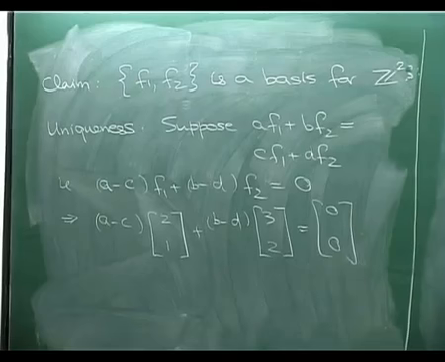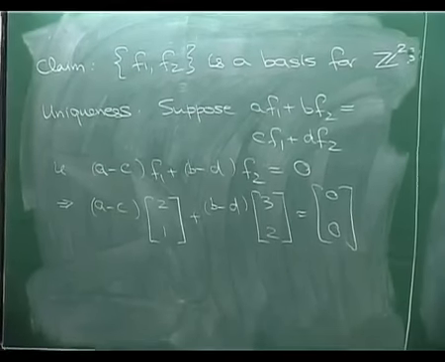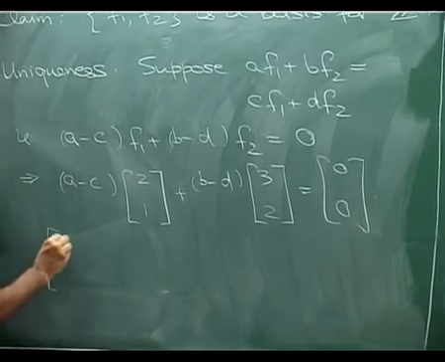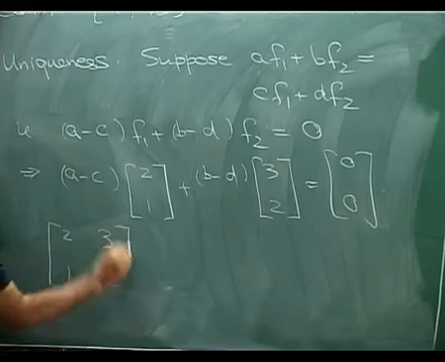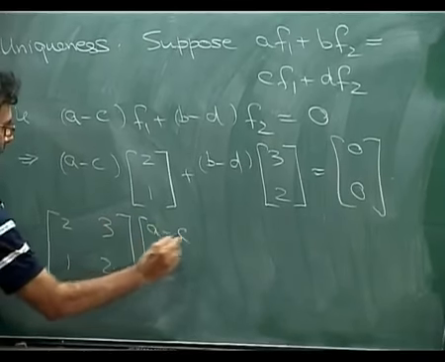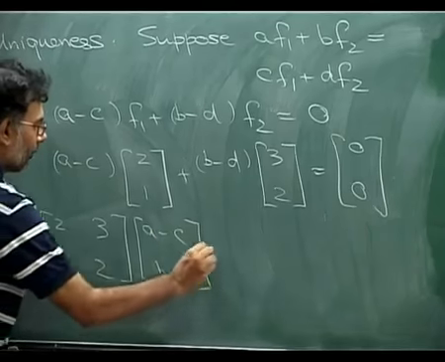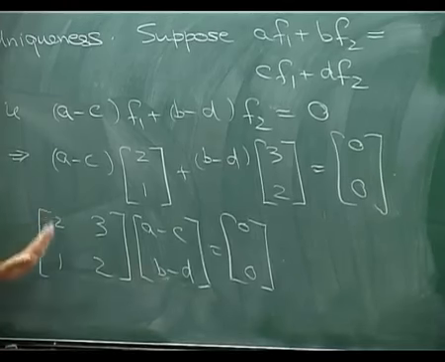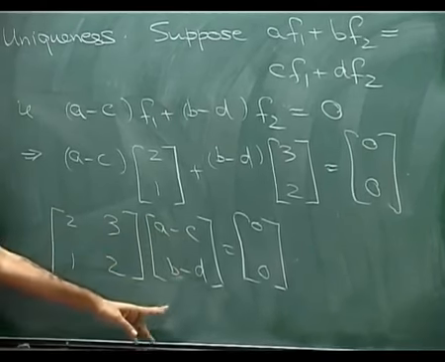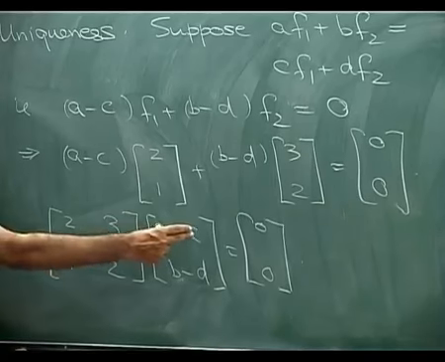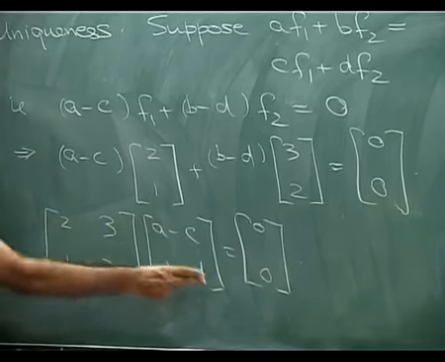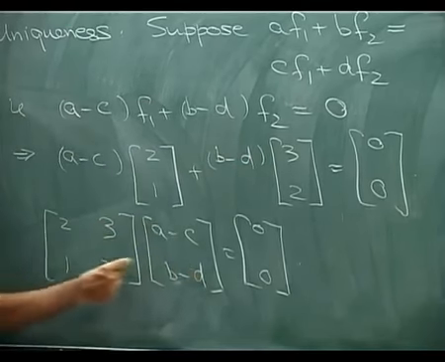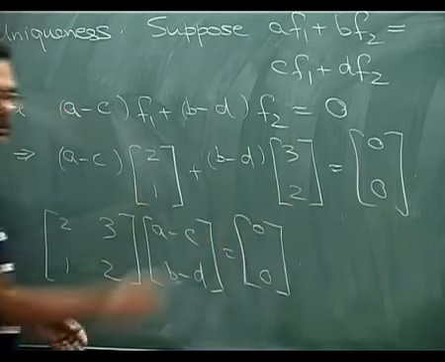I can write this as the equation: the matrix with rows (2, 3) and (1, 2) times the column (A minus C, B minus D) gives (A minus C) times 2 plus (B minus D) times 3 as the first component, and (A minus C) times 1 plus (B minus D) times 2 as the second component, equals (0, 0).